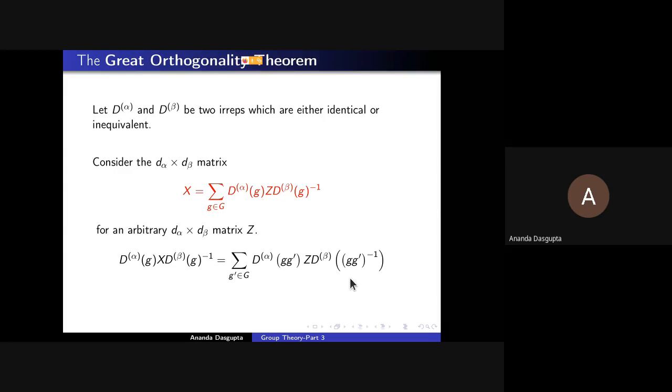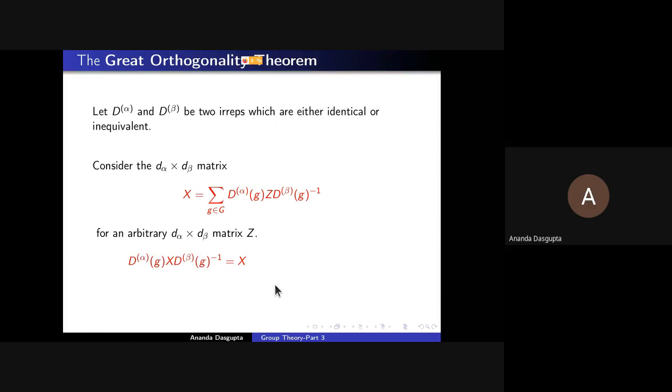Now this is an argument which is used over and over again in representation theory, so you should get used to it. But this shows that this thing is actually x. And that is precisely why I did a summation over all g. If I did not have the sum over g, then doing d alpha g, d beta g inverse from this side would simply have given me d alpha gg prime, d beta gg prime inverse, so some other term.